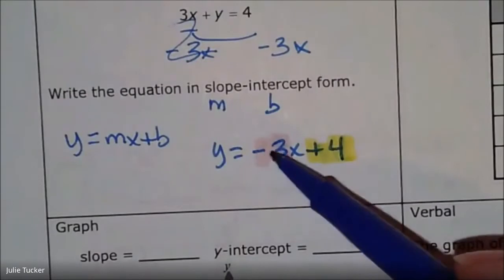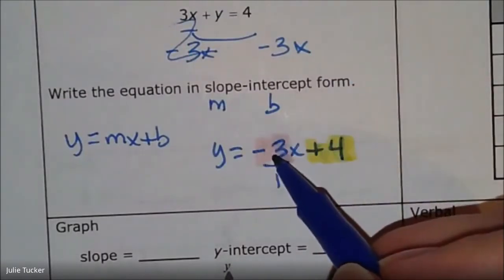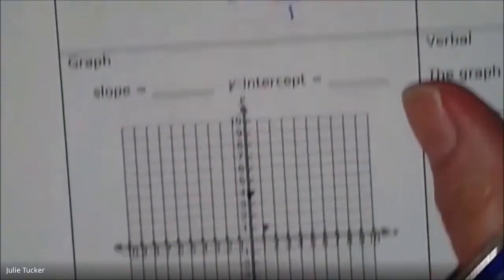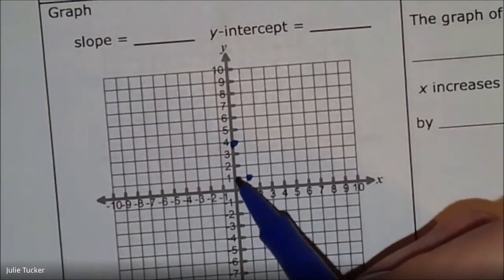And then our slope is -3. If we put that over 1, we have a rise of -3 and a run of 1. So we start at the 4 and we go down 3 over 1. Yeah, I remember that. Awesome.